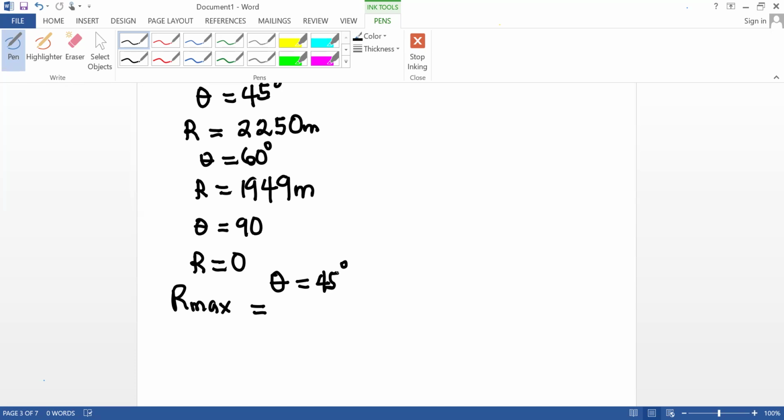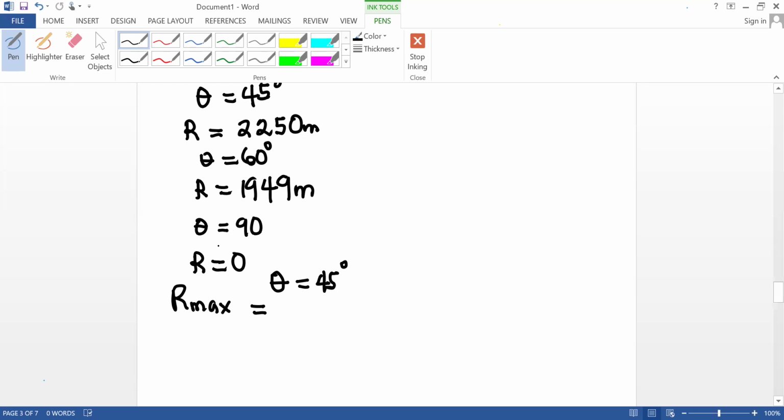When you throw a javelin, your range is what is measured to determine whoever won the event. Shot put, the same thing. So maximum range of a projectile always occurs when theta is equal to 45.